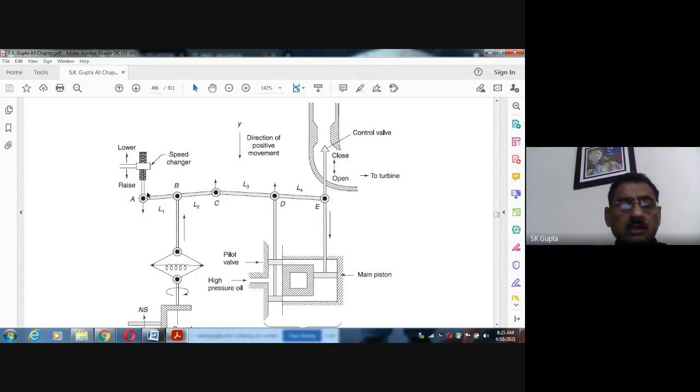But from here also, the entering of the fuel can be changed. With the help of the speed changer also, we can change the fuel entry. Here you see, suppose this is a hinge. With the help of this speed changer, suppose you make it go down.